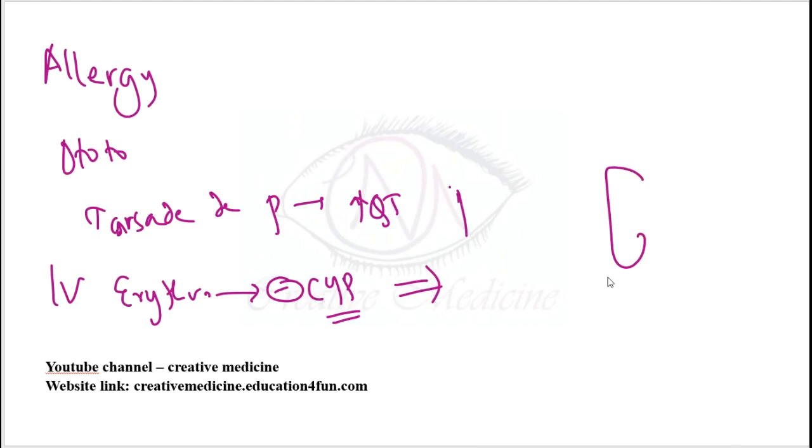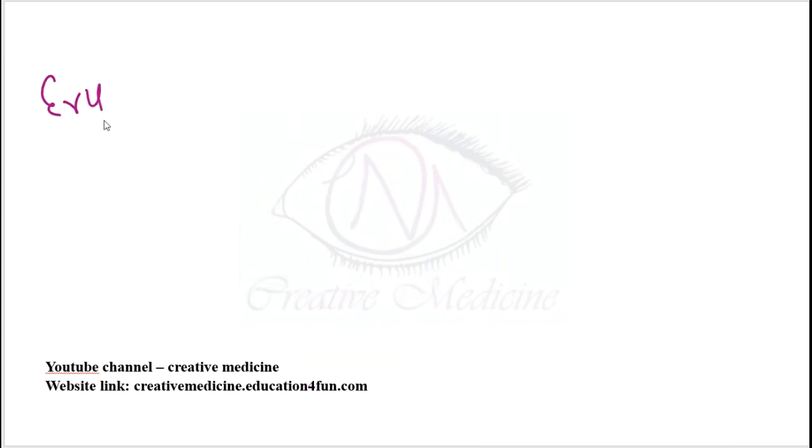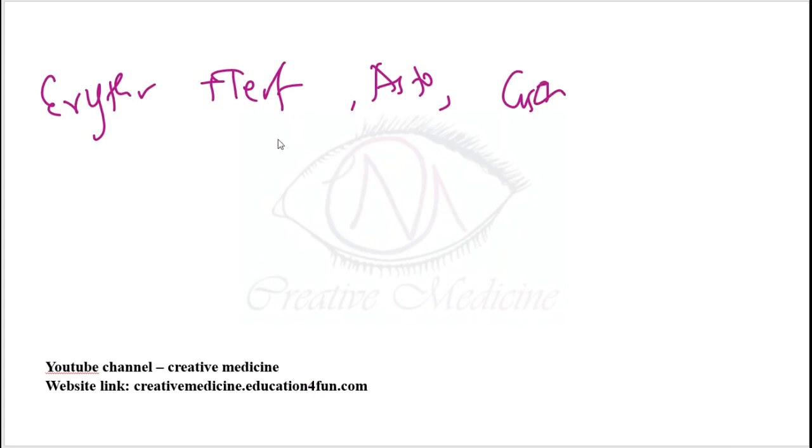Not just erythromycin, even roxithromycin and clarithromycin will also inhibit CYP enzymes. Then if erythromycin is given along with drugs like terfenadine, astemizole and cisapride, these drugs themselves prolong the QT interval.